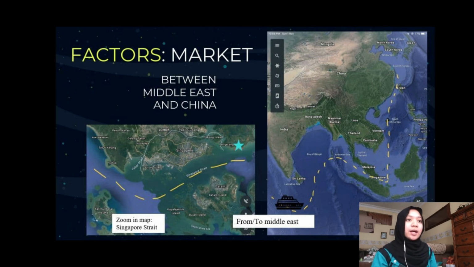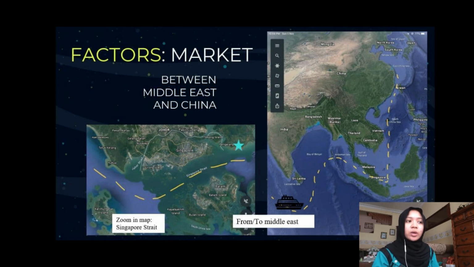So here I have the slide presentation, which has a big picture of Google Map, and there is a small one. The big one is a picture of Earth showing the shipping route from the Middle East to China.